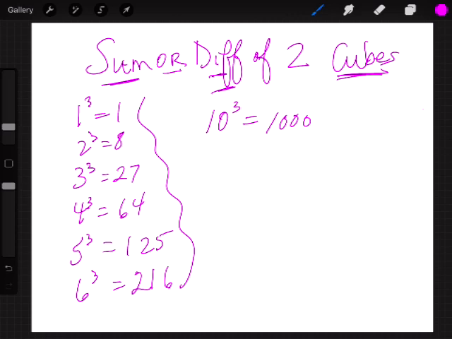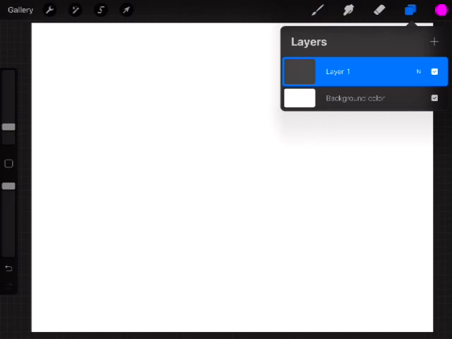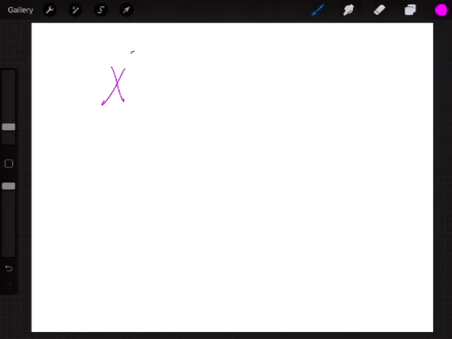So why don't I start out with one that's pretty easy to begin with: x to the third minus 125. This one does have a minus, so it's the difference, but it doesn't have to. I look at this, and there's nothing in common. Remember, you're still supposed to ask yourself that.